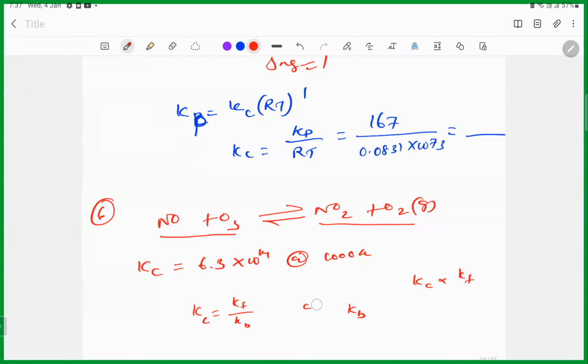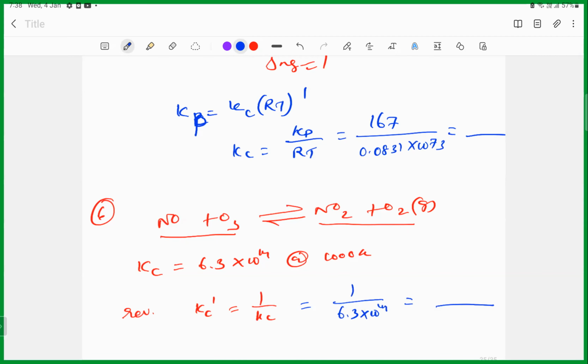So the Kc dash, that means the reverse reaction, would be 1 by Kc. So 1 by 6.3 in 10 power 14. That is the value for the reverse reaction. That's all.